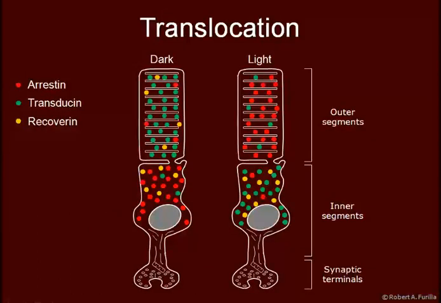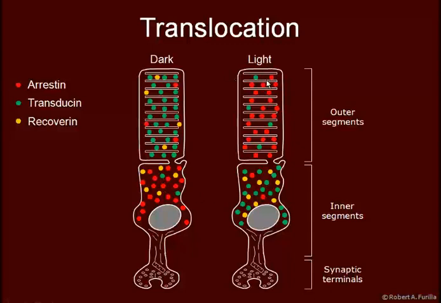Another process of adaptation is called translocation. In the dark, here we're looking again at the rod's outer segment, we see lots of transducin molecules. Transducin is the G protein. We see a few arrestin molecules and a few recoverin molecules. And in the inner segment, we see a lot of arrestin molecules and some recoverin molecules.